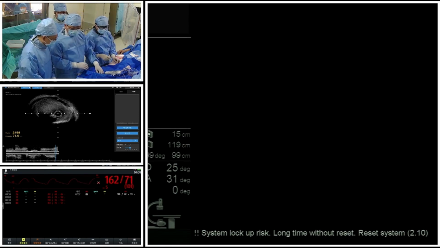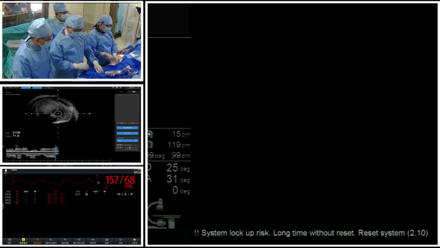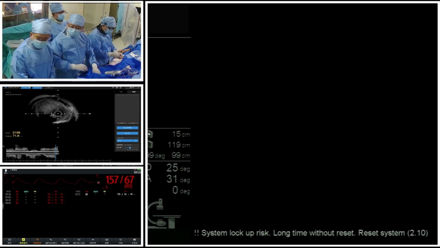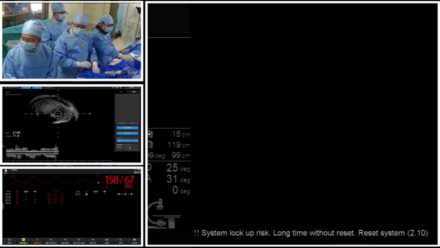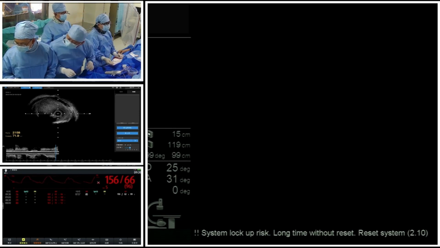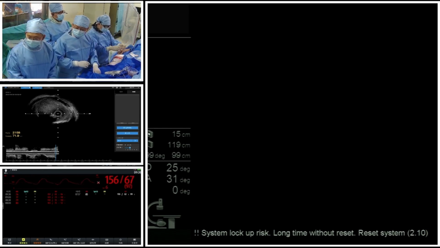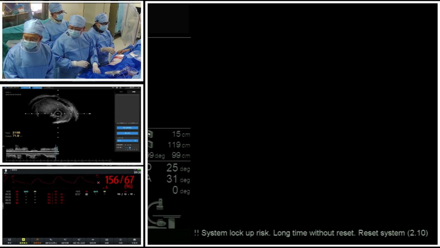So for this patient, actually the pre-treatment involves the combination of different techniques. The rotational atherectomy first, and then after that is the IVL and the NC post-dilatation. After all those techniques, I think we have created enough room. Now I think it's a good time to put in the stents.